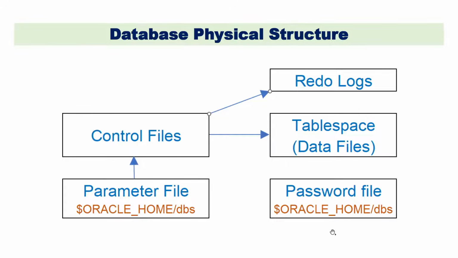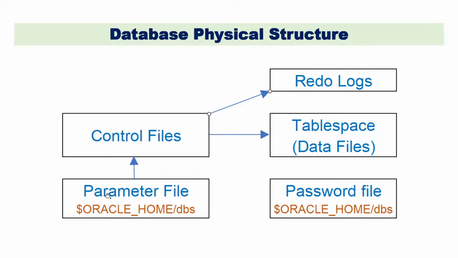If you take a look at this diagram, you'll come to know. We have a parameter file and a password file. The parameter file and the password file are located in Oracle Home dbs. This is the first file that is read by the Oracle database.